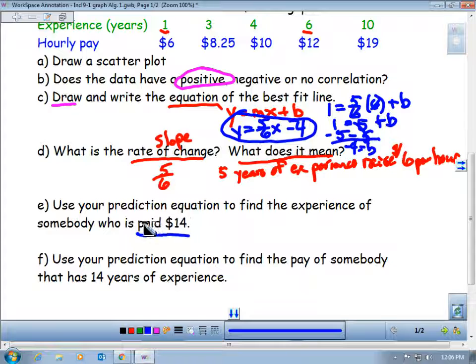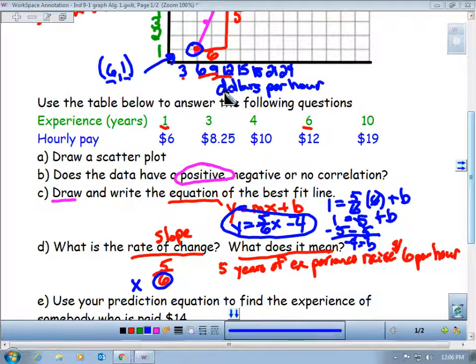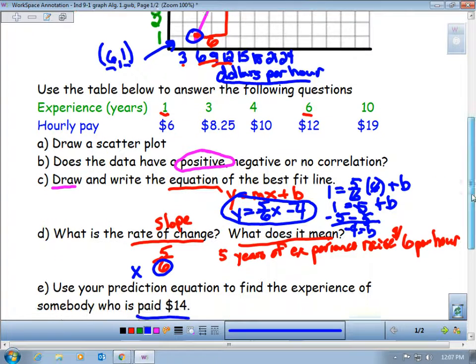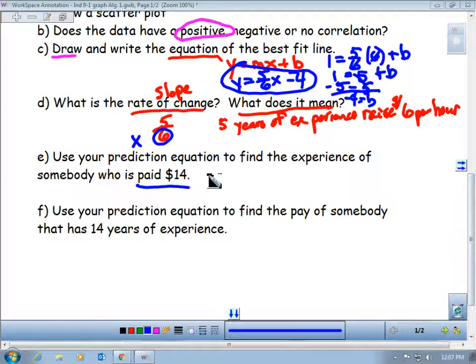So guys, being paid 14, your pay was that bottom, which was your X. Remember our pay, dollars per hour, this is my X-axis. So what I'm going to do is take this equation, y equals 5/6, but instead of X, I'm going to put 14 in for X, minus 4.